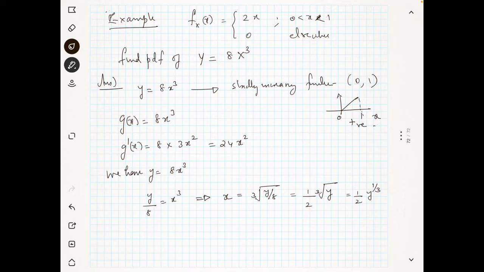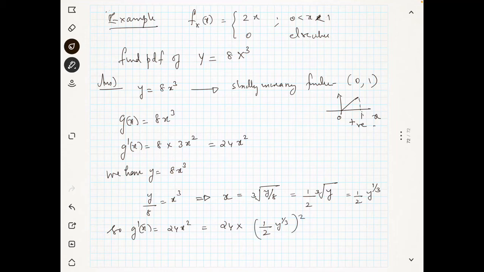Now g dash of x is nothing but 24 into x square, which is 24 into the square of 1 by 2 into y power 1 by 3.